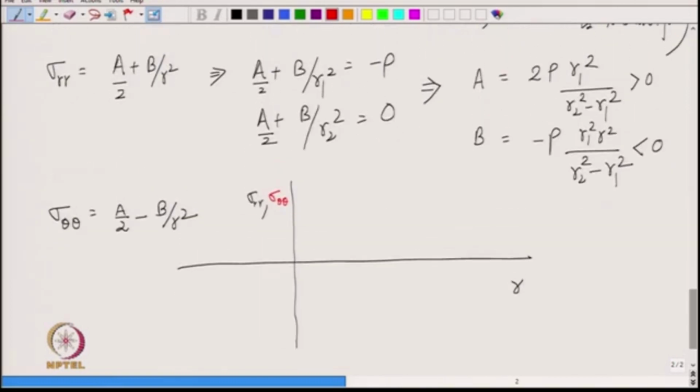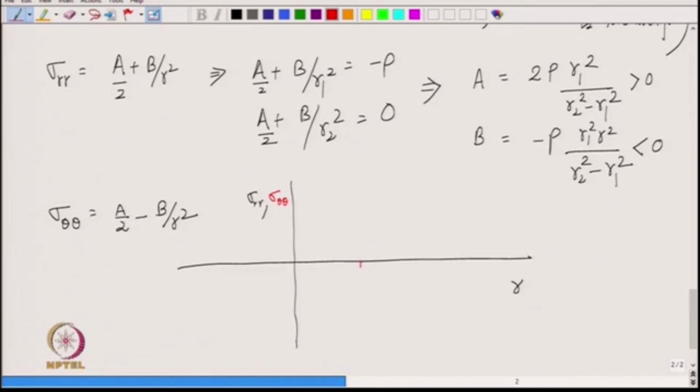You see, from the formula, what happens as r goes to infinity? As r goes to infinity, sigma r r becomes A by 2 and sigma theta theta becomes A by 2. But because it is a cylinder, the r is between r 1 and r 2, right.